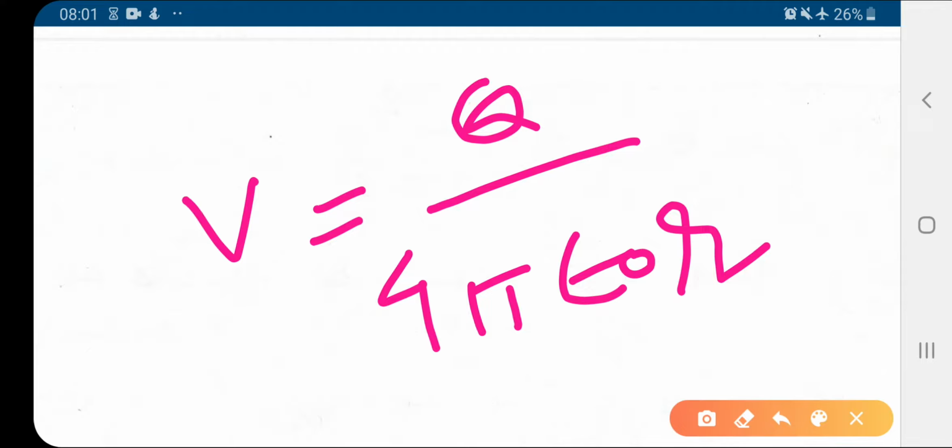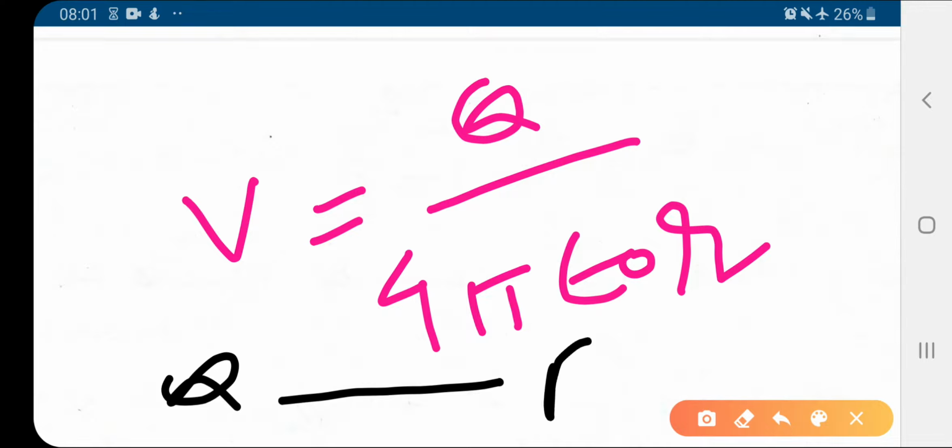Means if Q is the charge, then at point P which is at distance R, that is the electrostatic potential.